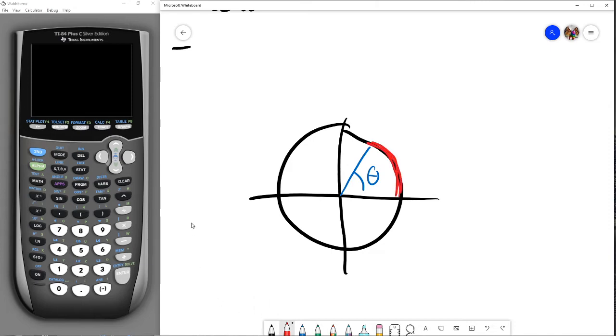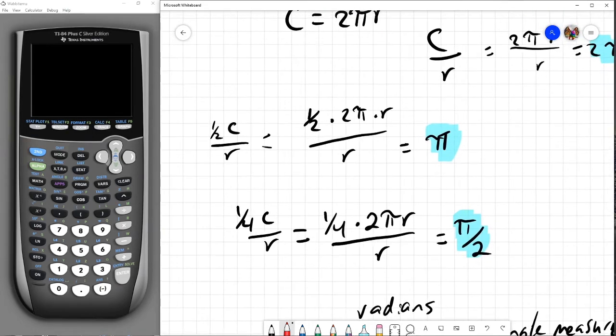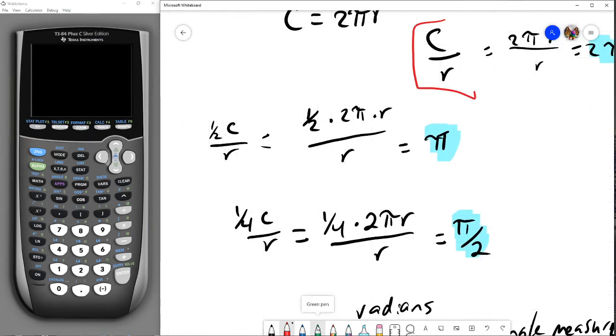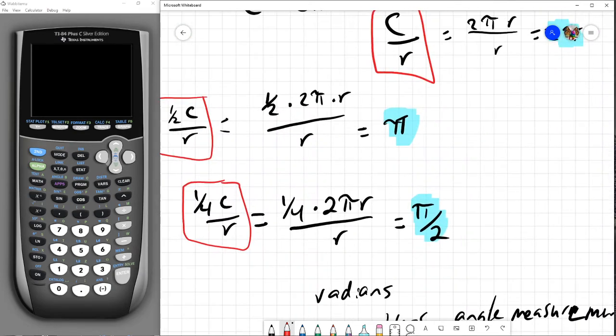When we looked at these quantities, we had C over r, half of our circumference over r, a quarter of our circumference over r. While they're amounts of the circumference, what are they really? Let's think about this for a moment.